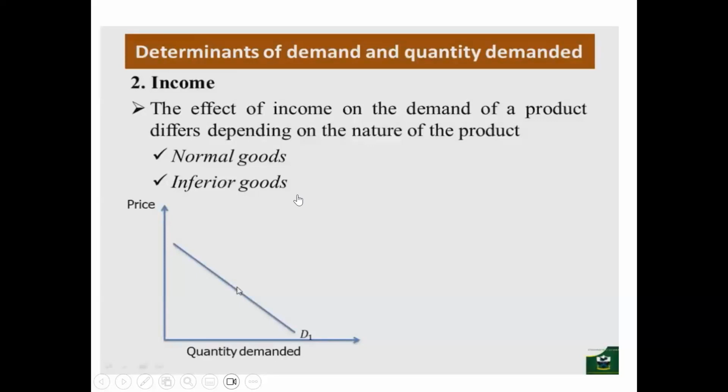And when your demand increases, it means that you will be able to buy more units because your purchasing power has increased. And as such, the demand curve will shift out to the right.